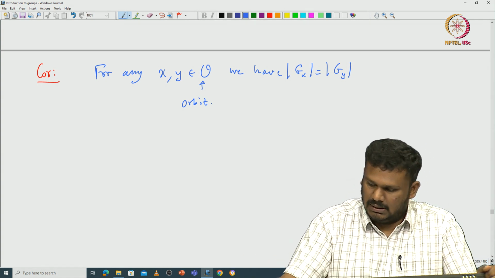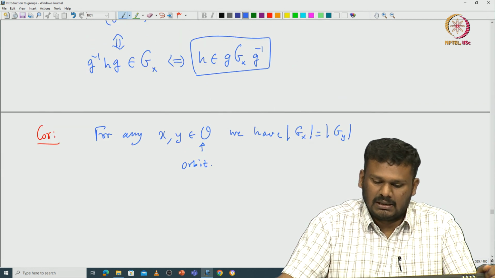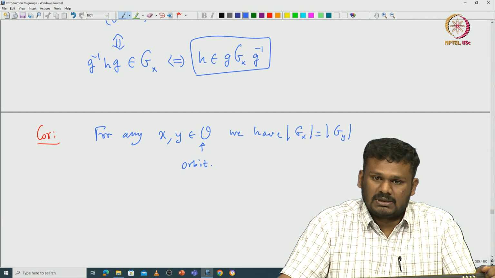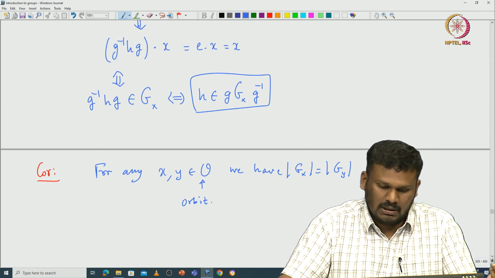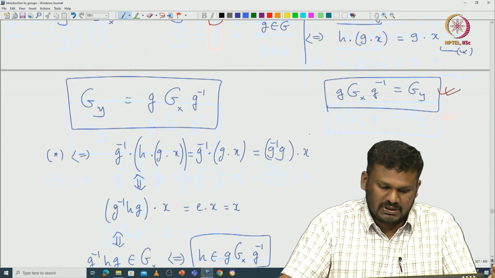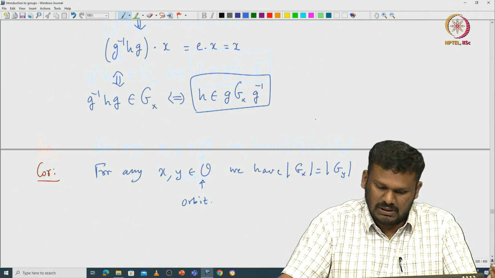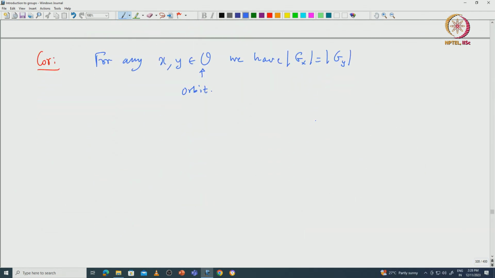That means if you know for some reason the cardinality of G_x, and then you look at all possible orbits of x, then the stabilizers of those elements will have the same cardinality. That actually helps us to compute the cardinality of X using this orbit decomposition. Okay, let us move on.